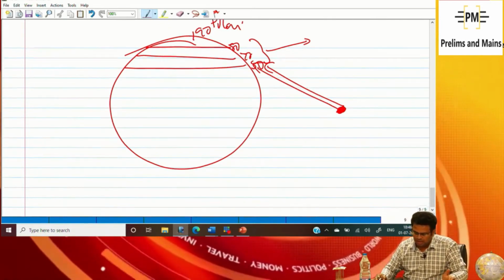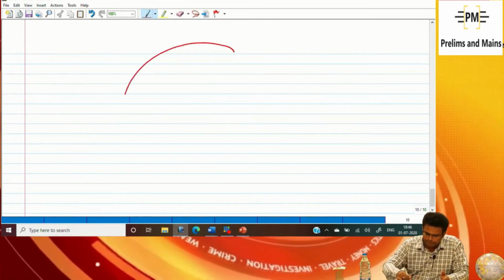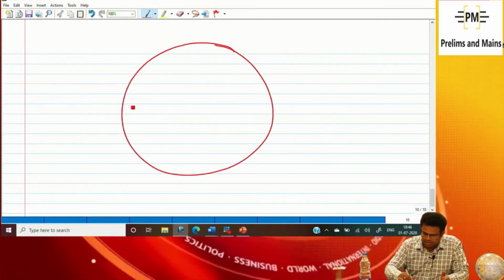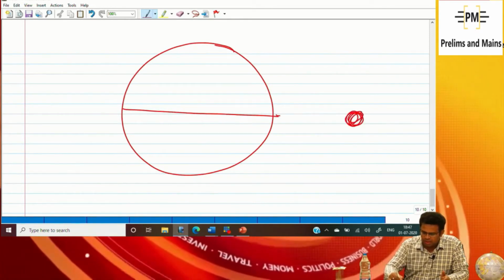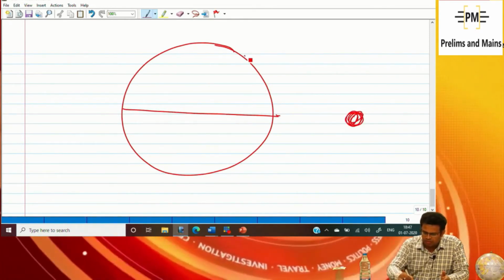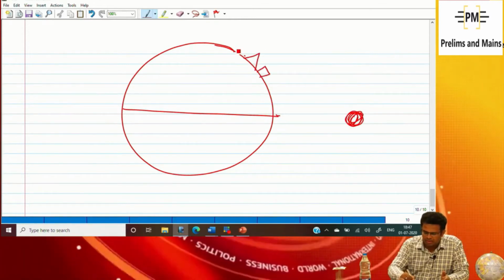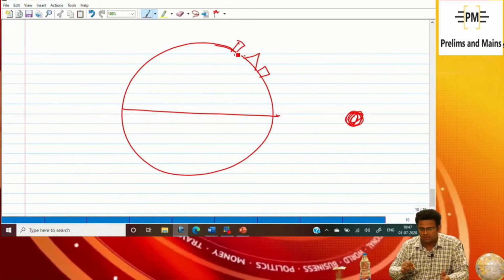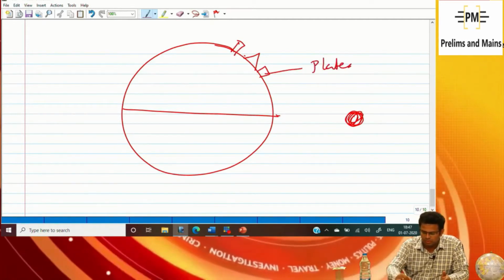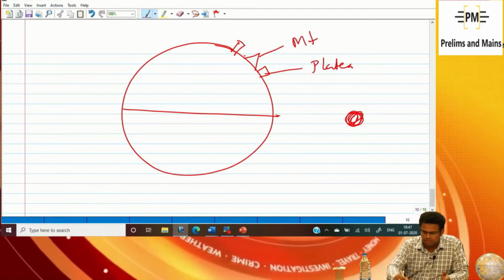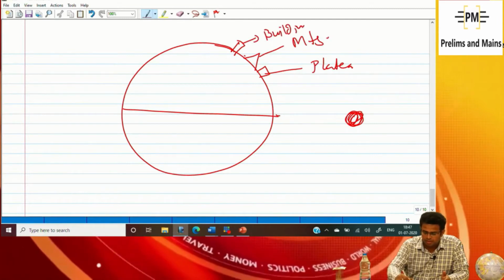Yes. And then again I am making another picture. This is the equator and here we have a geostationary satellite. If there are mountains, if there are any features, like buildings in the city, plateaus, mountains, buildings.